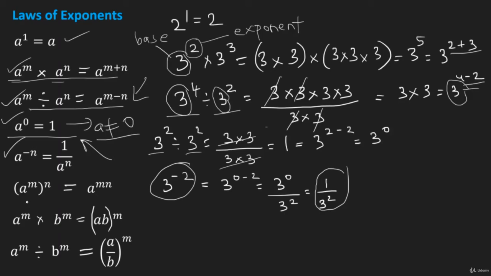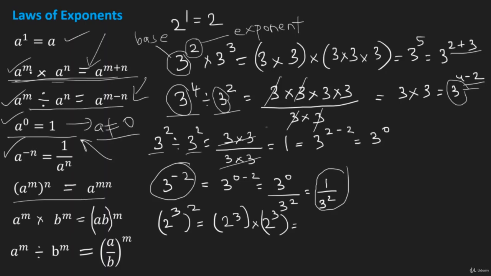Alright, now let's go to the next law. Say you want to do 2 cube the whole square. Now that is equal to 2 cube into 2 cube. Over here you can see that the base is the same. Based on this law, the first one over here, I can see a to the power m into a to the power n is equal to a to the power m plus n. So over here I will get 2 to the power 3 plus 3, or 2 to the power 6.